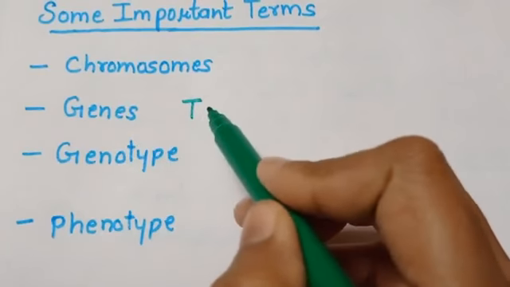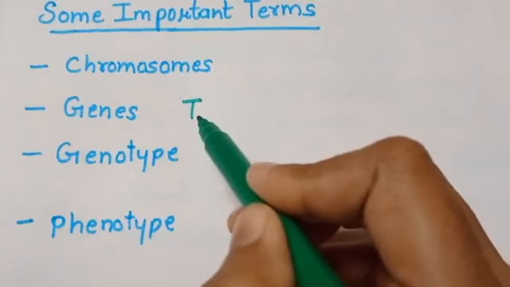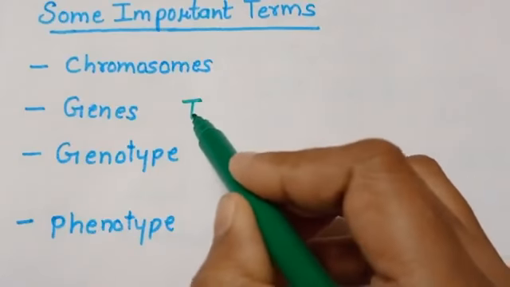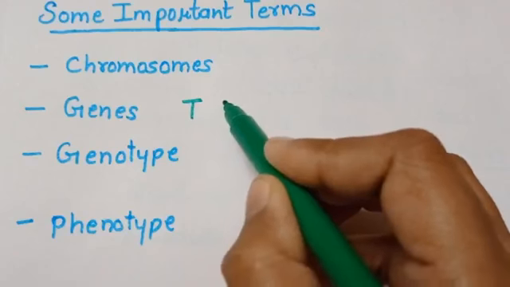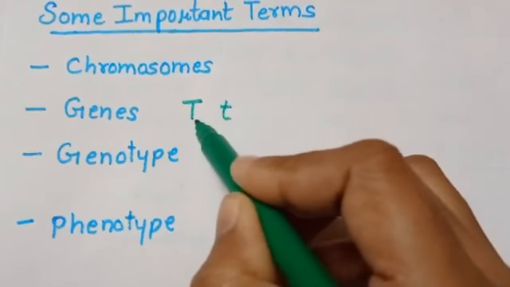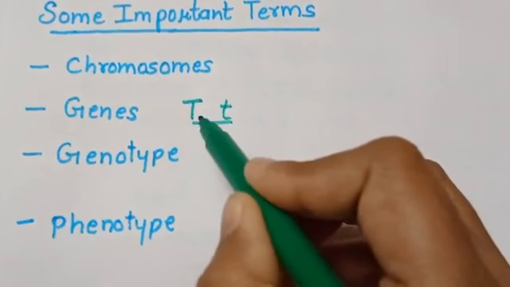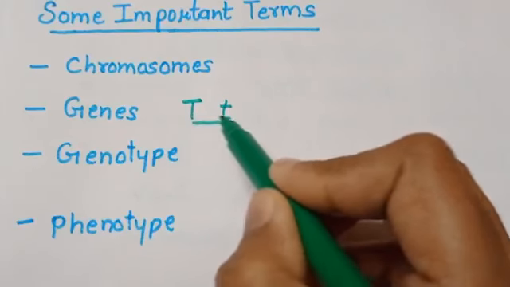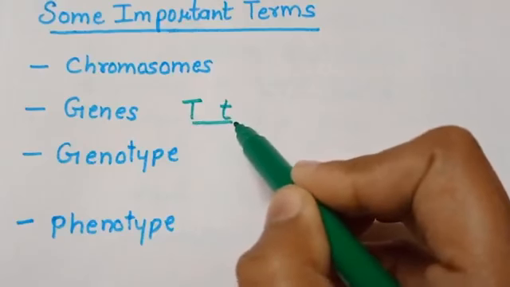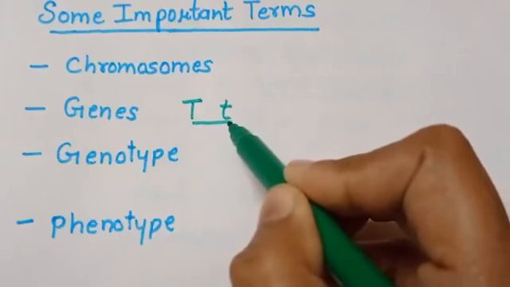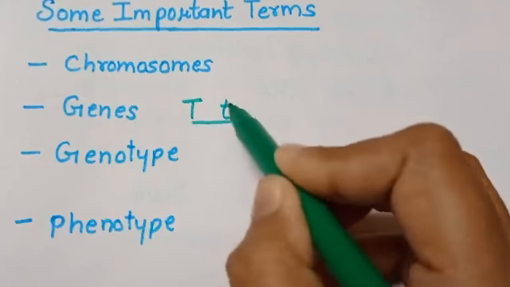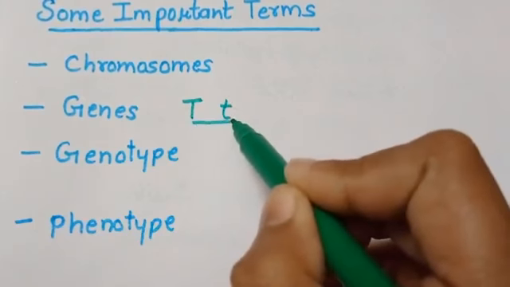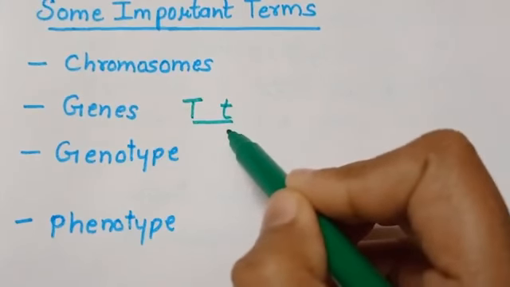So one characteristic will be denoted by capital T, and we will have small t in pair with it, because capital T will represent the tallness of the plant and small t will represent the dwarfness of the plant. So both represent the same characteristic, but they work in pairs.